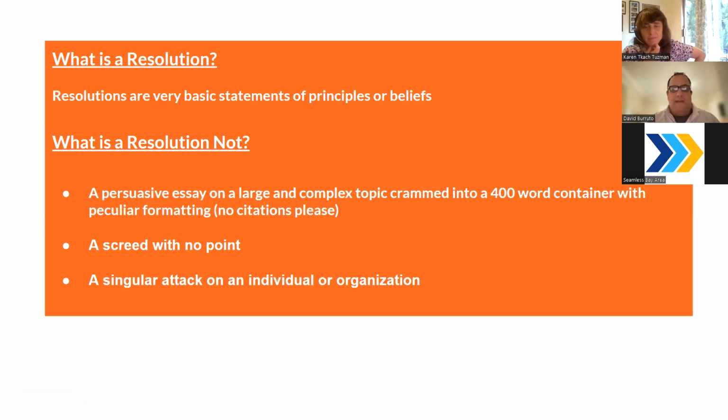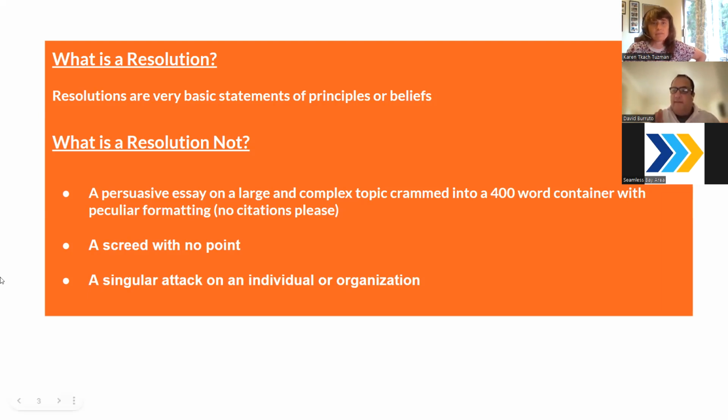And what it is not is a persuasive essay. You're not trying to cram in something that you would write in an academic sense. These are much broader. It's 400 words. Everything has to be contained within it. It's not particularly a screed against something.